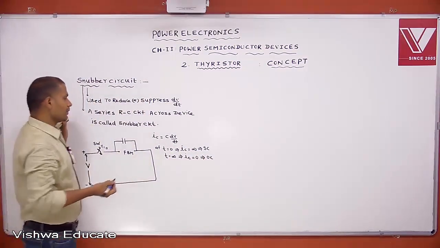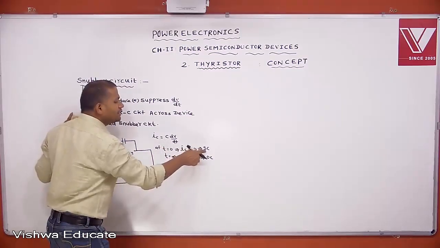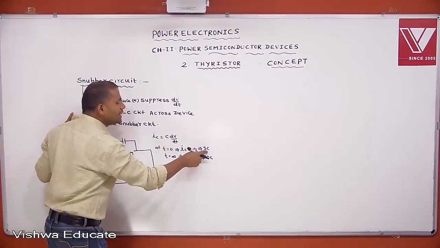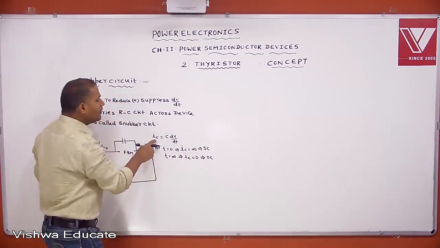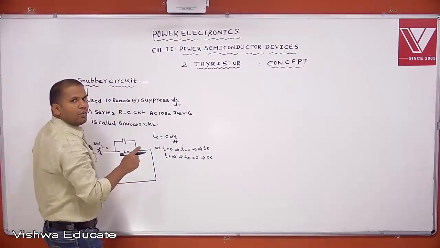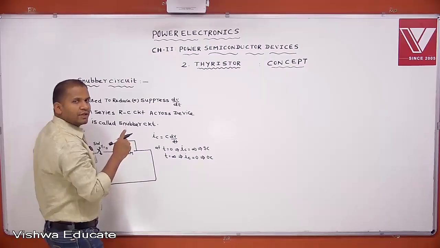That means initially the behavior of the capacitor is short circuit. Initially the behavior of the capacitor is a short circuit means, what is the voltage across the capacitor? 0.